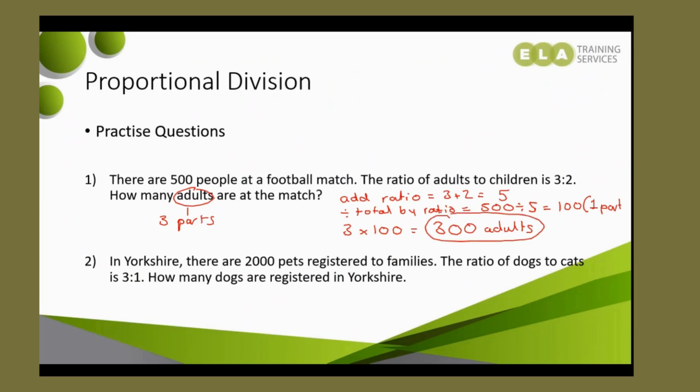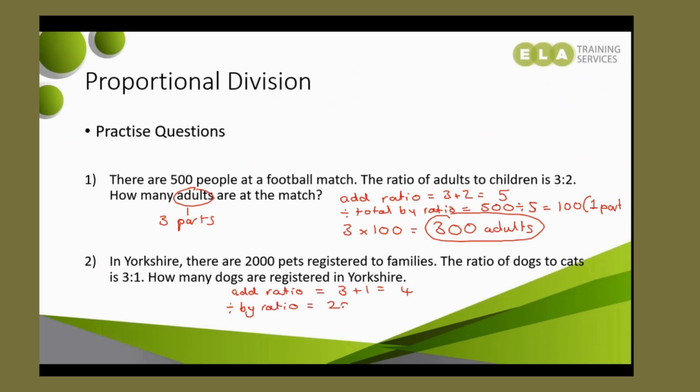Okay, question 2. In Yorkshire, there are 2,000 pets registered to families. The ratio of dogs to cats is 3:1. How many dogs are registered in Yorkshire? So we add the ratio. 3 add 1 is 4. We then divide by the ratio.